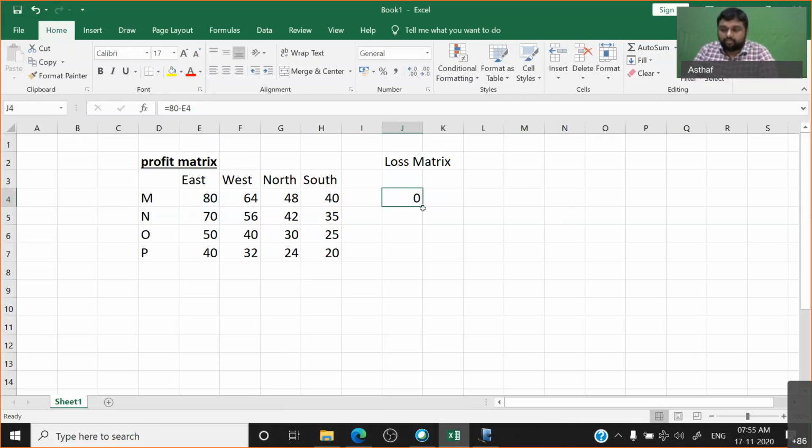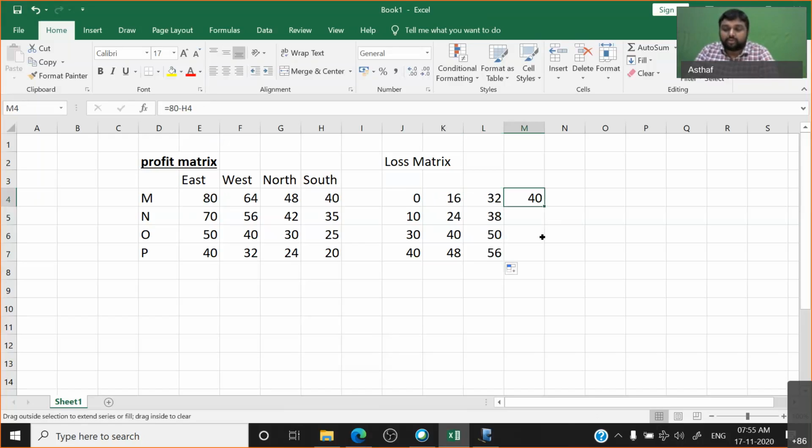The same thing we have to do for all the cases. This is what is called the loss matrix.